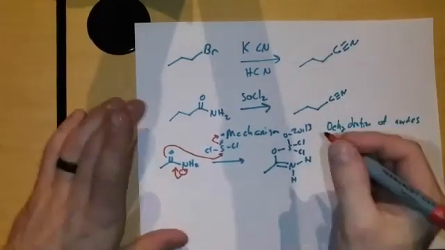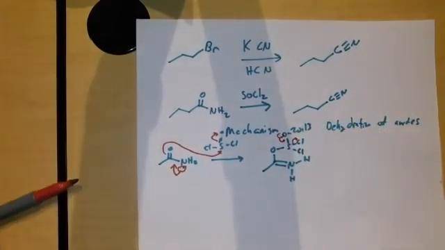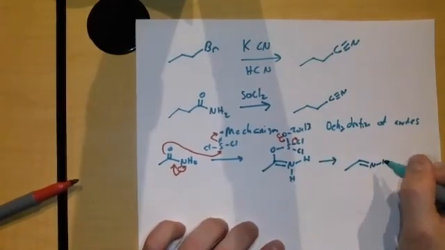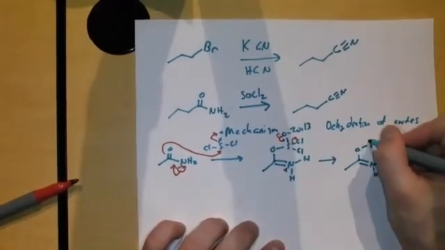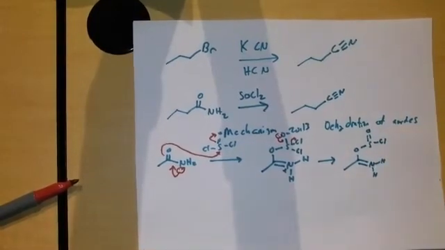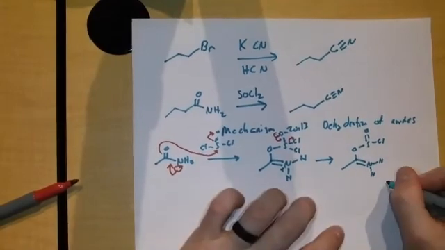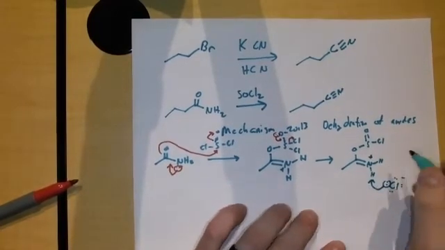We can kick out one of these Cls by reforming our carbonyl to the sulfur. Yes, sulfonyl, not carbonyl. And then from here, we can have one of the Cl we just kicked out pull off one of these protons.